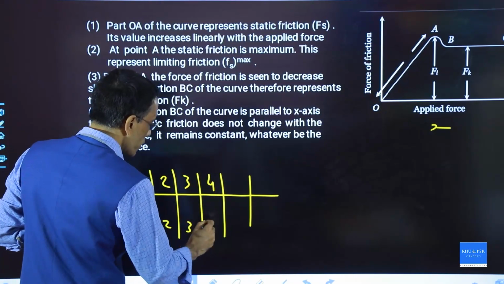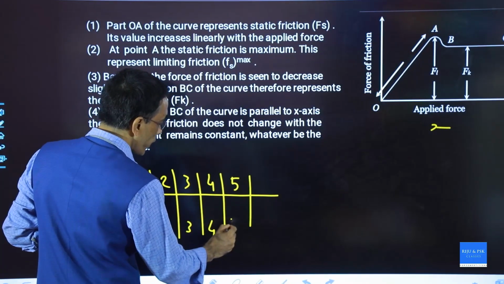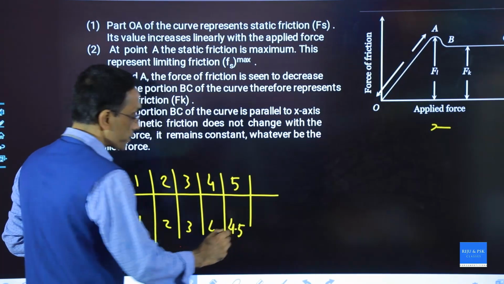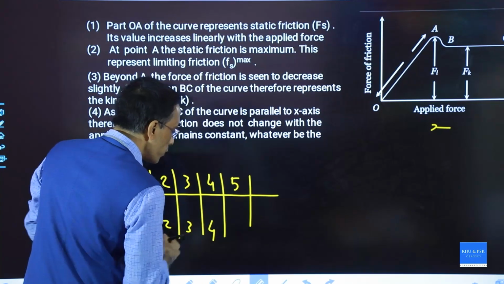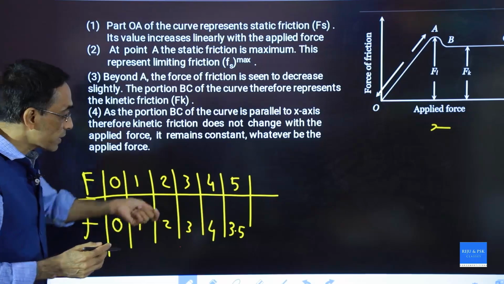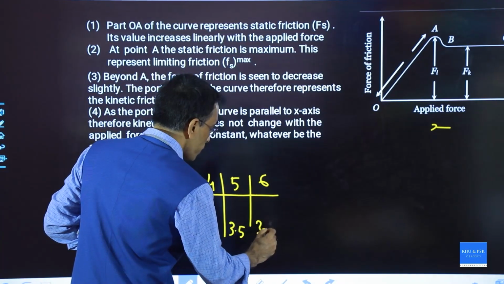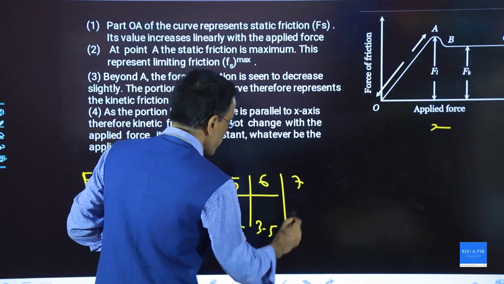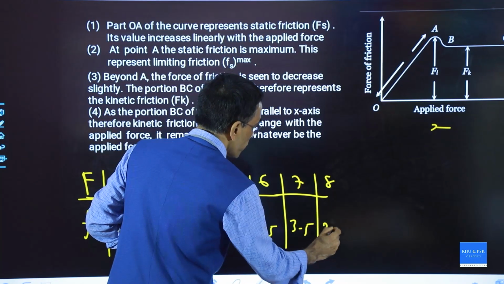Applied 4, friction 4, applied 5, friction 4.5. I am sorry, friction not 4.5, friction 3.5. What happened? Friction slightly decreased. Applied force 6, friction 3.5, applied force 7, friction 3.5, applied force 8, friction 3.5.